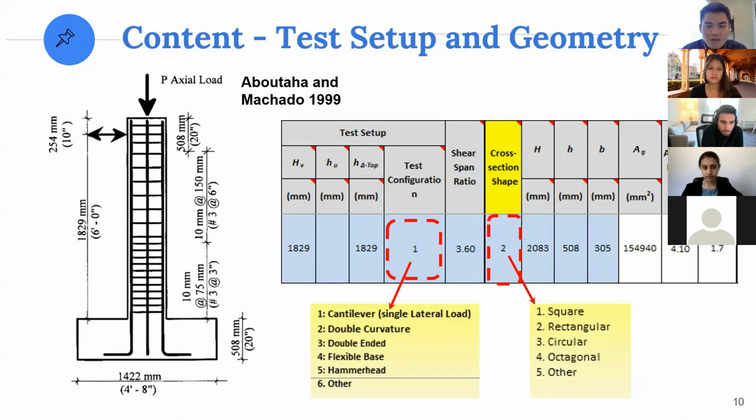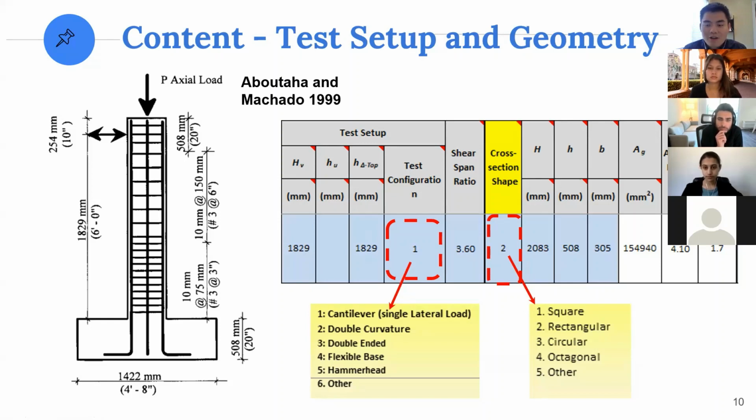And we also indicate the cross-sectional shape, which is rectangular for this specimen. We also recorded the height at which the lateral load is applied, which is 1,829 millimeters for this specimen. And using the information, we calculated the aspect ratio, which is a good indicator of how the specimens will fail.